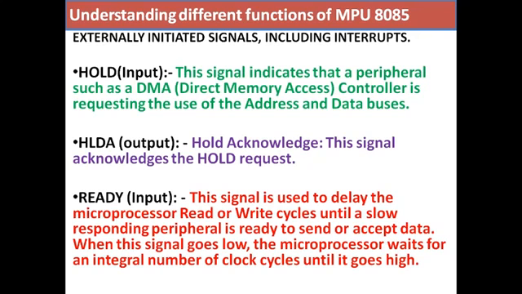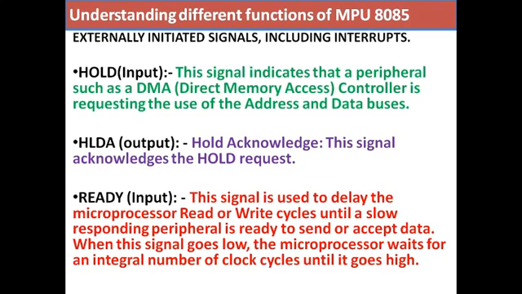Okay, the next one is READY. Now sometimes very slow devices are connected to microprocessors. The microprocessor is a very fast device, so if a slow device is connected, the data transfer between the microprocessor and the slow device can be a problem.